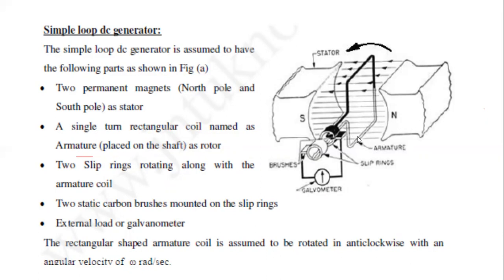This rectangular conductor is named A, B, C and D. Understand?